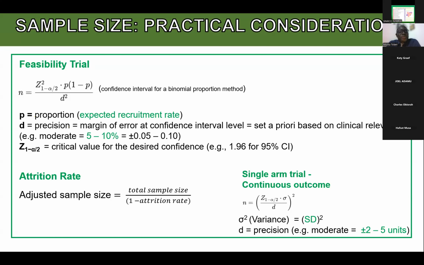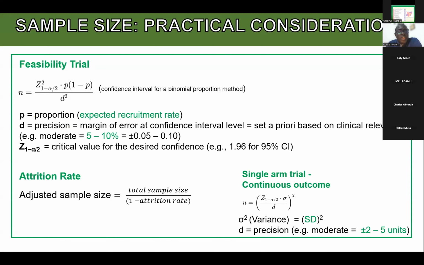We just need to estimate a proportion you think will enable you to achieve a particular recruitment rate over a particular period, and make an assumption for the precision. Usually for moderate precision, 5 to 10% is assumed and converted to decimals. We usually make these assumptions at a 95% confidence interval. You'll see the next example on the next slide, of how you can compute a sample size for this.